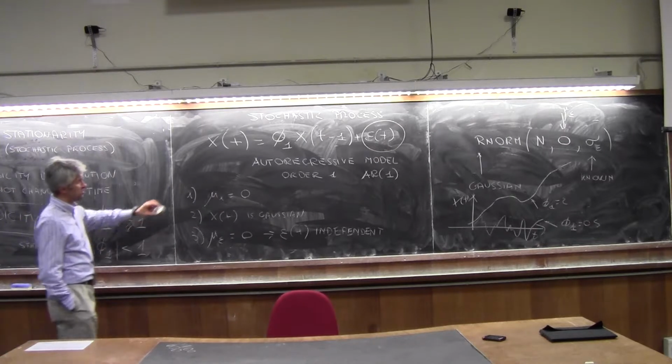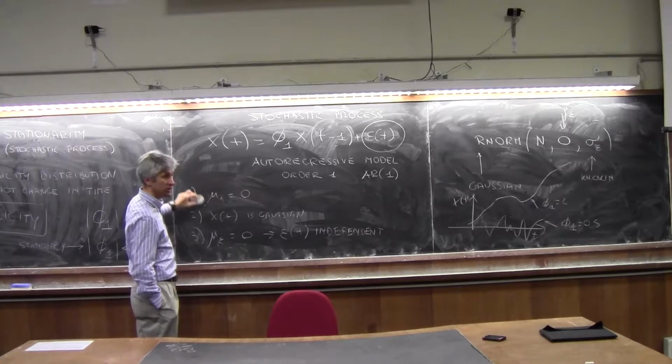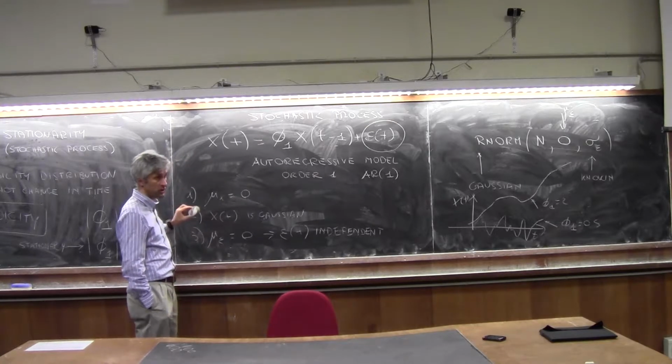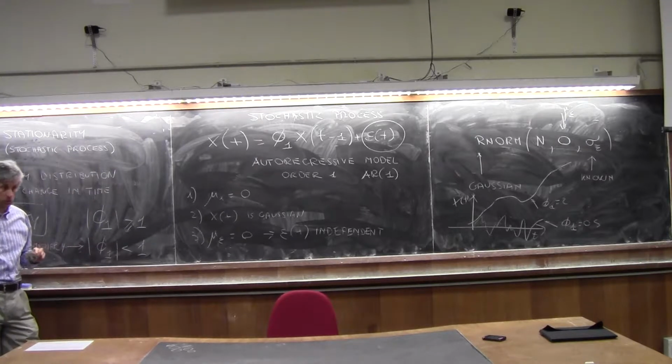Now, how to judge the performances of this model? For sure, you need to check the assumptions. If they are not satisfied, you know that the model is not, strictly speaking, good.